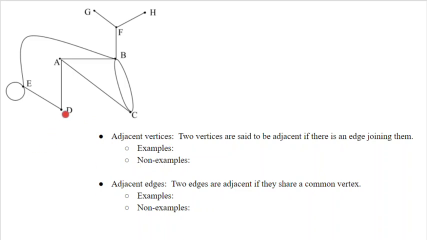Two vertices are said to be adjacent if there is an edge joining them.